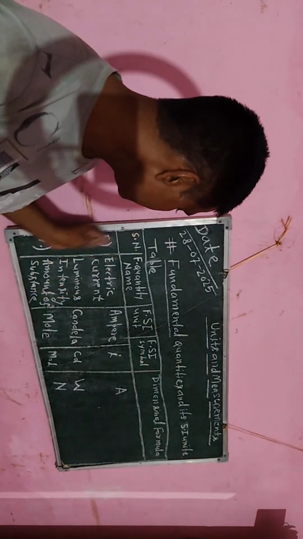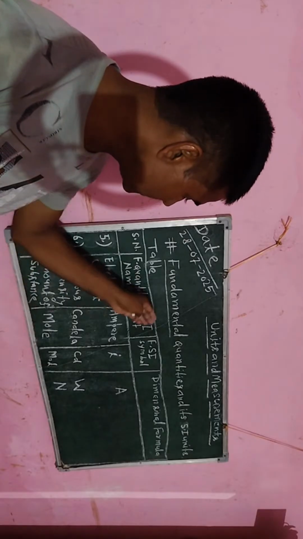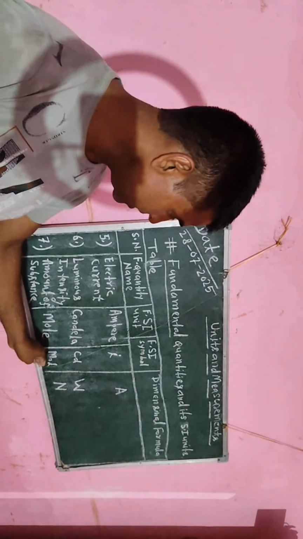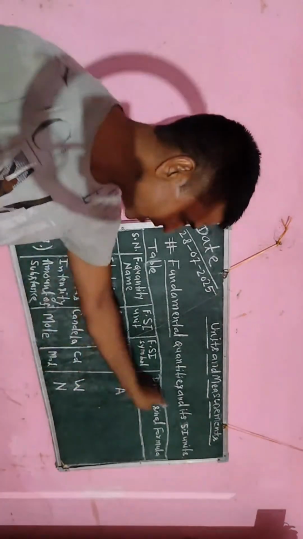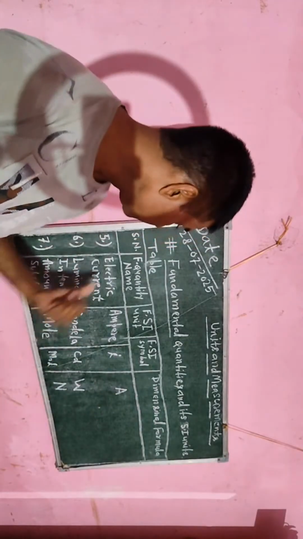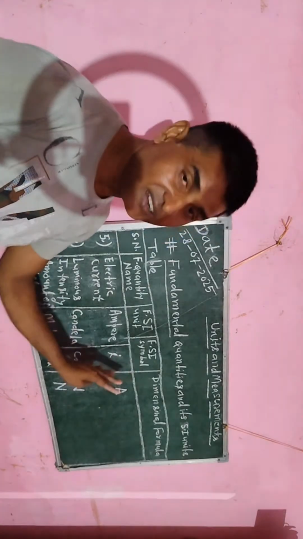First of all, I have written the serial number, then the fundamental quantity name, then the fundamental SI units, then the fundamental SI symbols, and also the dimensional formula corresponding to the fundamental quantity name. All the information I have written here clearly.